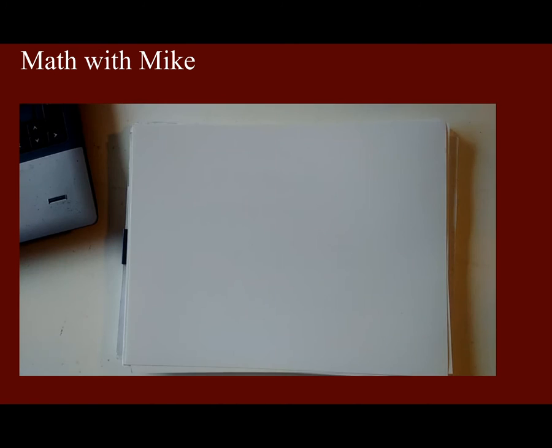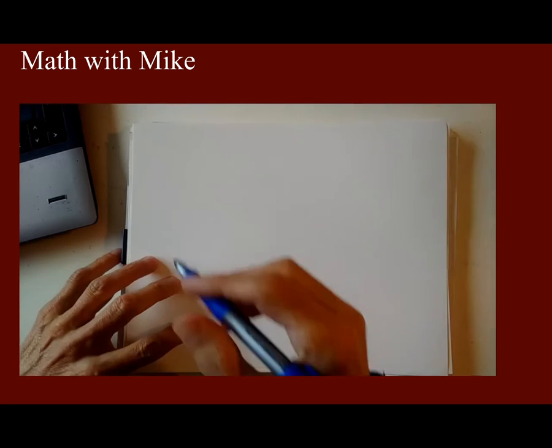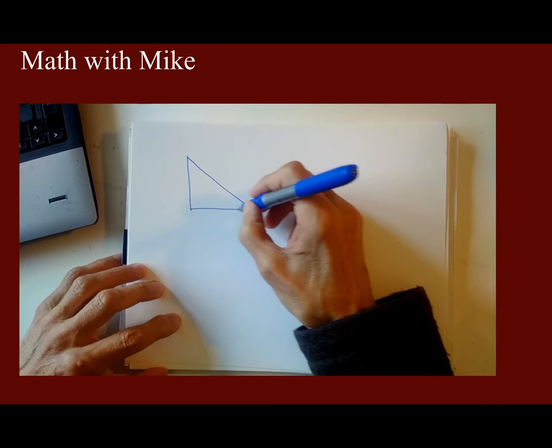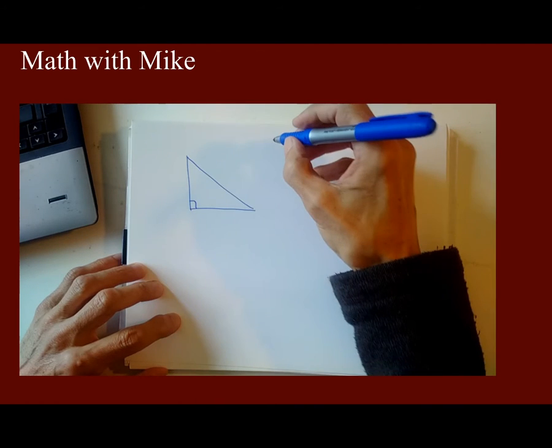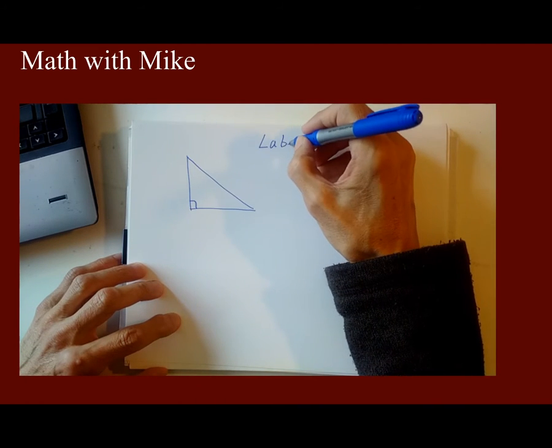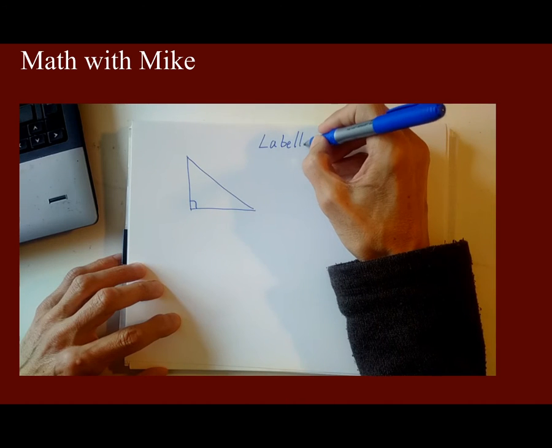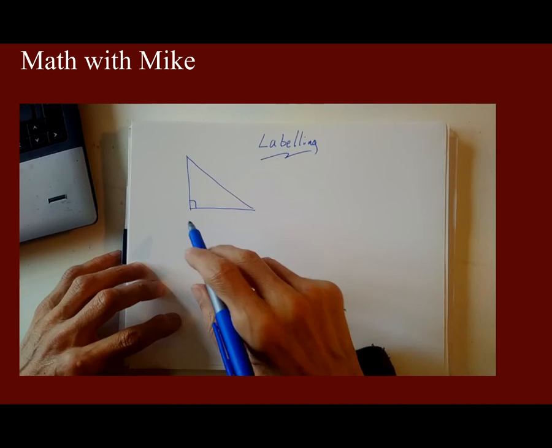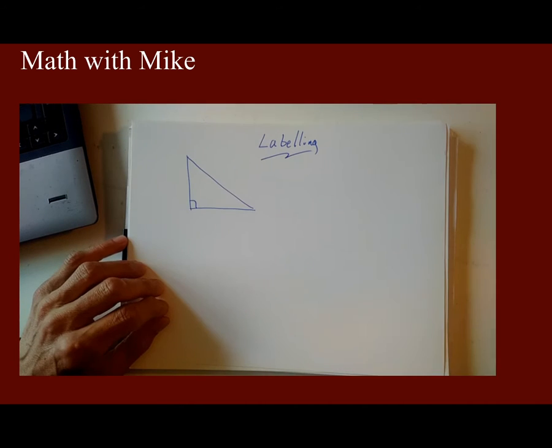When you're given a triangle, all the triangles we look at are going to have 90 degrees in them. Maybe later in life we'll change that, but for now that's what we've got.